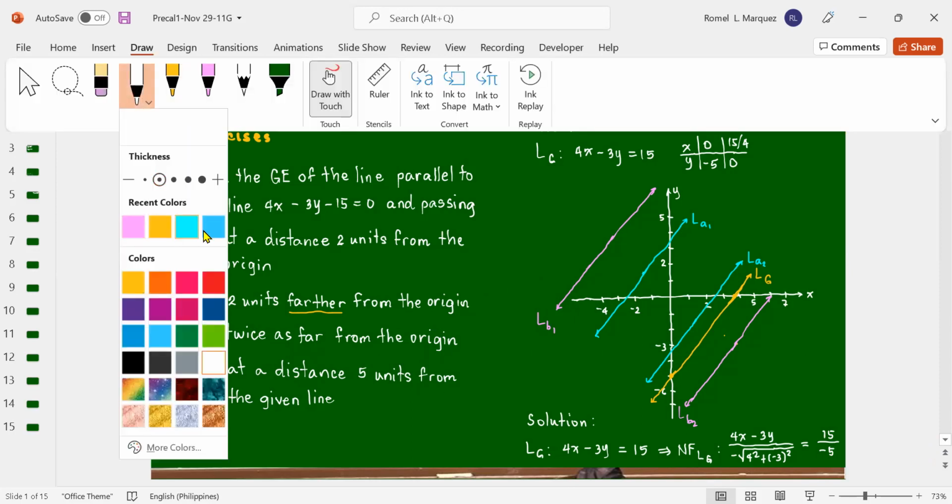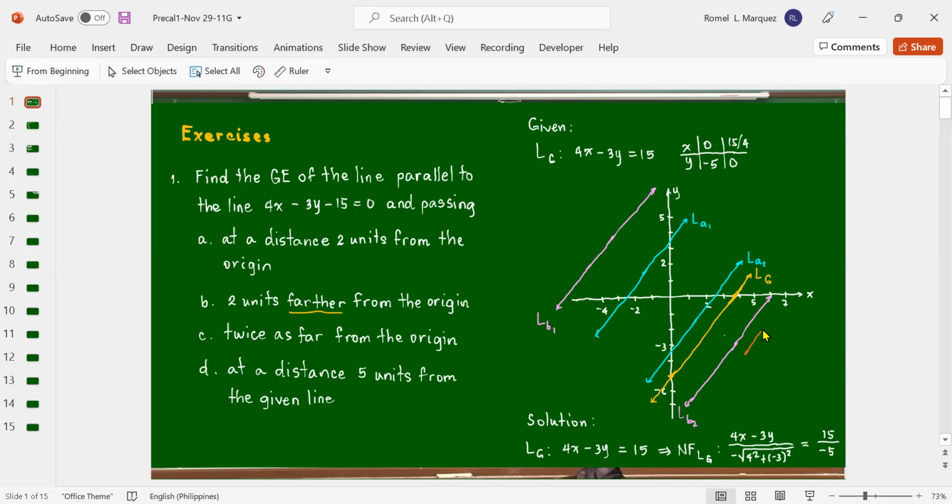Okay? So let's use another color. This time, let's have orange. So this is already 5, right? So 1 more, so 6. Am I correct, children? So this is line C2. And another one, 1 more, no?